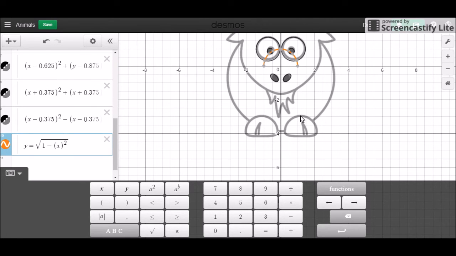So this seems to be at 1 1/4, and then we'll shift it down to 4. That fitted pretty well.